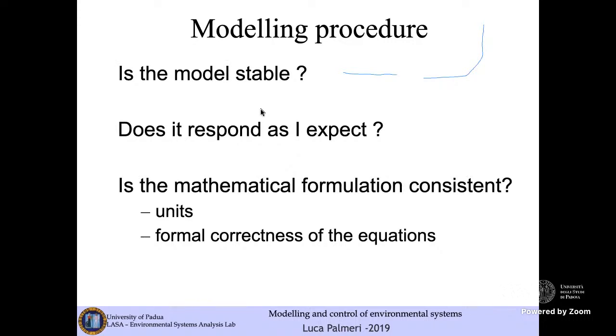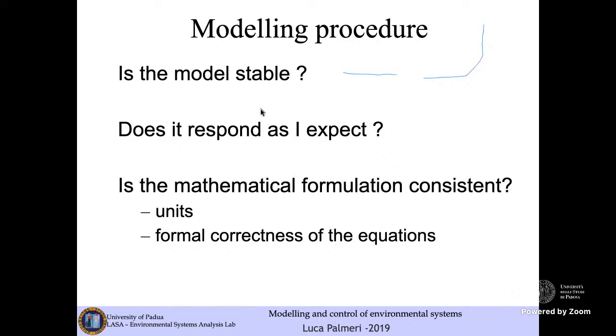So, for example, the dissolved oxygen concentration should decrease with increasing temperature. Another example is that of a primary production model, in which I am expecting that if the nutrients for the organism you are modeling increase, then the organism also increases. So, for example, if nitrogen increases in your lake model, then you expect that algal growth increases as well.